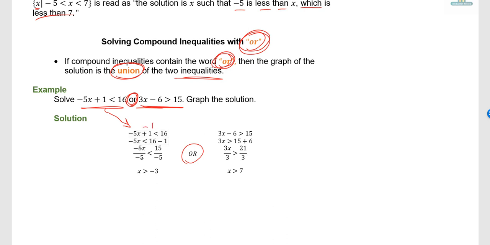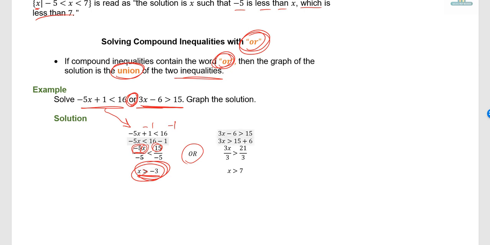So minus 1: minus 5x is less than 16 minus 1, which gives me 15. Then I have minus 5x is less than 15, so I want to get rid of the minus 5. I divide both sides by minus 5. Because I'm dividing by a negative number, I have x greater than 15 divided by minus 5, so x greater than negative 3. This is my first part of the expression.